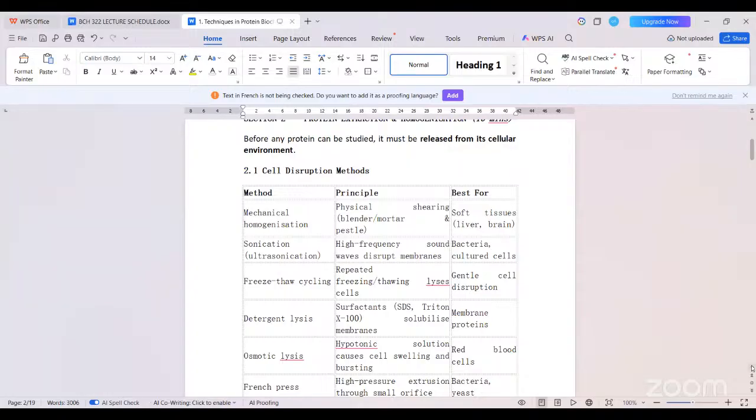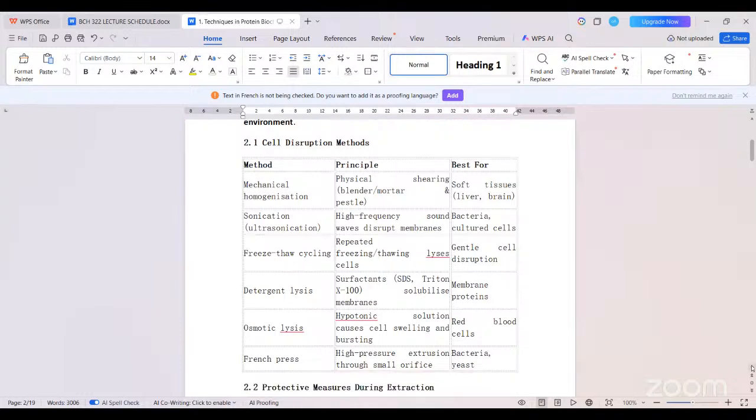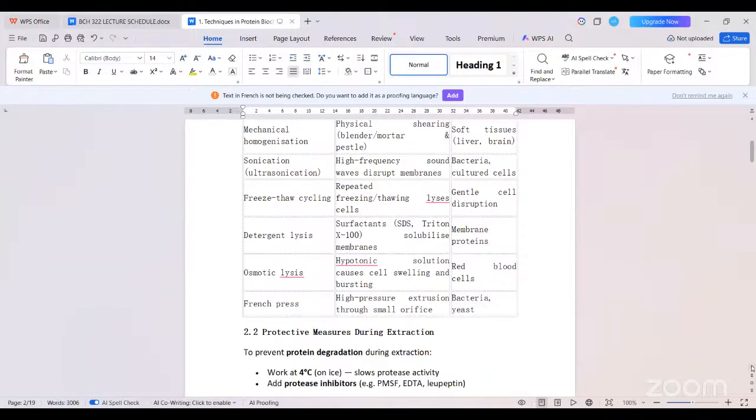When the organism is frozen to a very low temperature and then allowed to thaw at room temperature, the cell walls break and all the elements within come out. So this method is used for gentle cell disruption, where you don't want to damage the organelles within the cell. So the list continues.